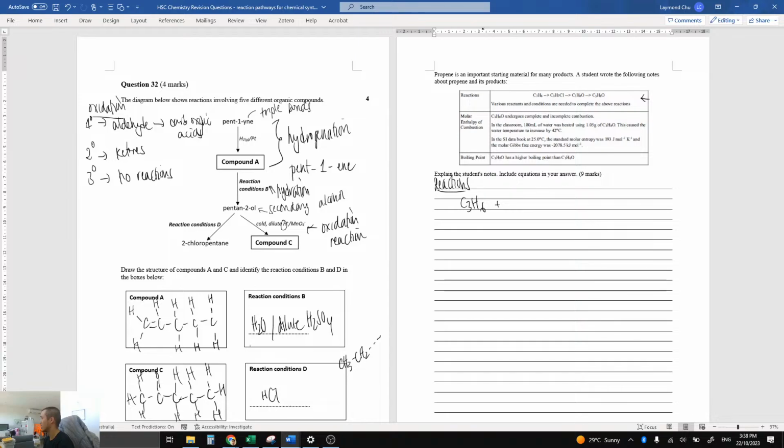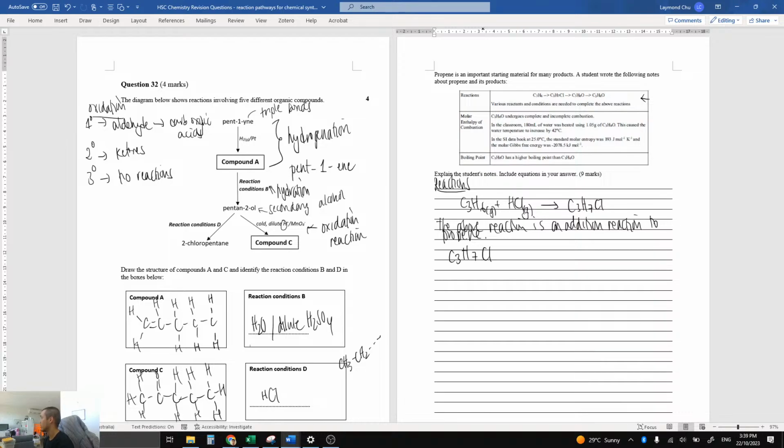We need to add in HCl gas, probably gas as well, which gives us C3H7Cl. So the above reaction is an addition reaction to propene. That's really it. That's one.